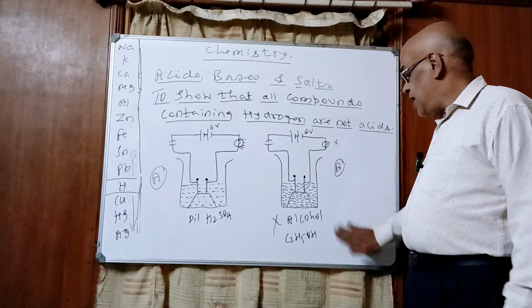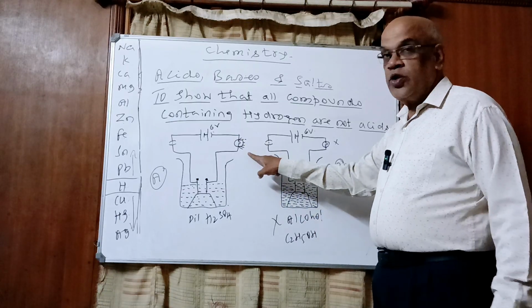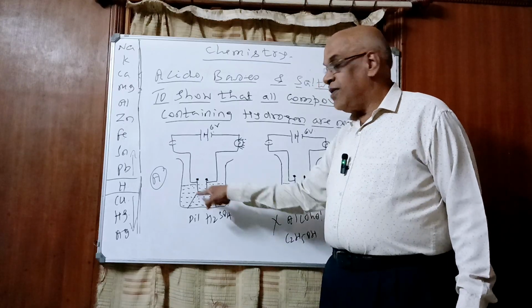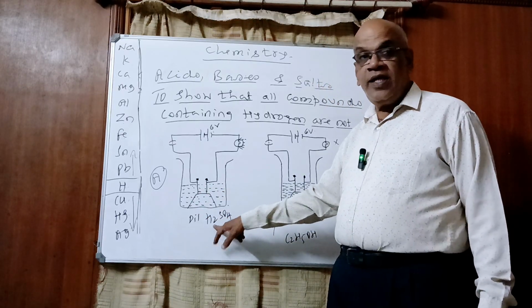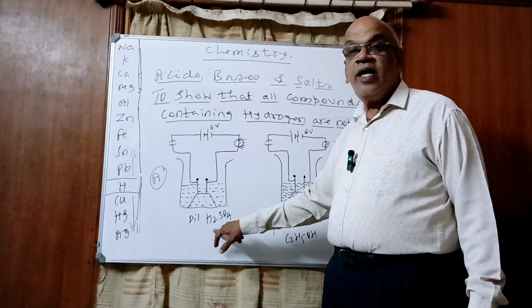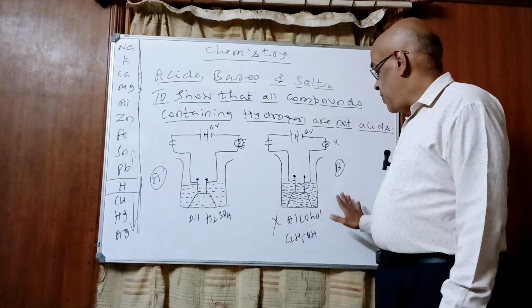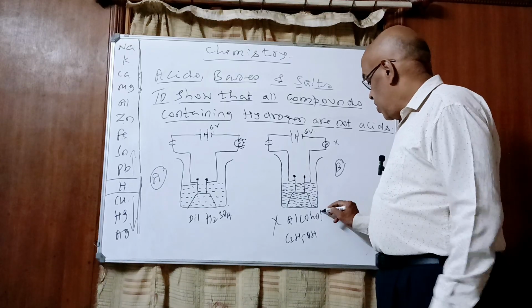What happens here, children? Again when the key is on, the bulb glows. It indicates that the H2SO4 taken in the beaker conducts electricity. It is split into hydrogen ions and sulfate ions. These hydrogen ions are responsible for conducting electricity. In beaker B, what happens when the key is on?